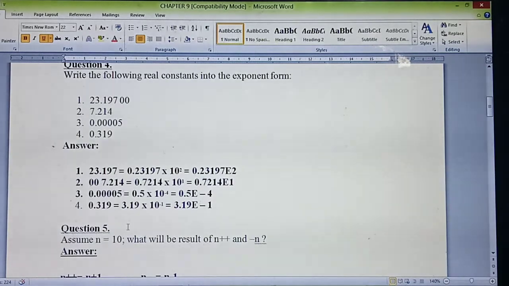So I have written the fourth question answer. Write it carefully. They have given some numbers.